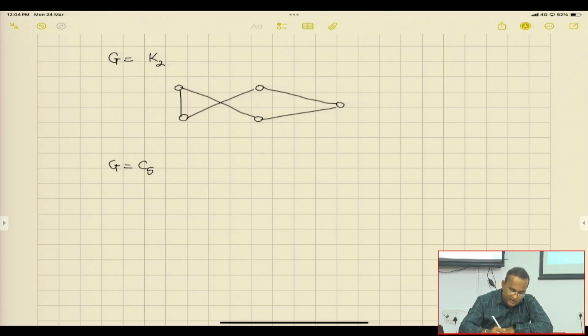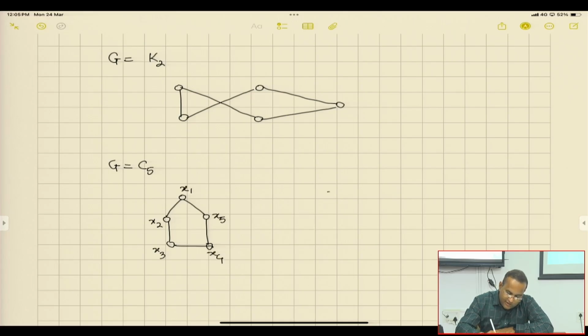right? So can we draw, right? So we can, let us try to draw. Let me take this is x1, x2, x3, x4, x5.